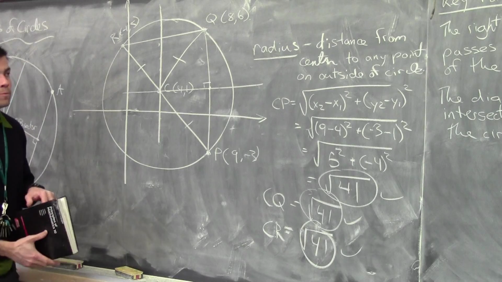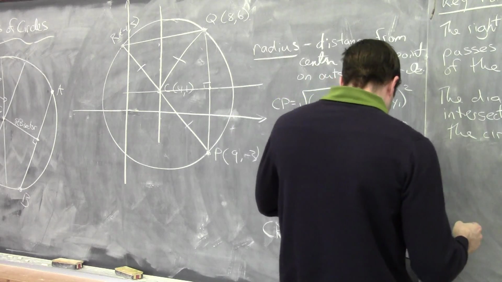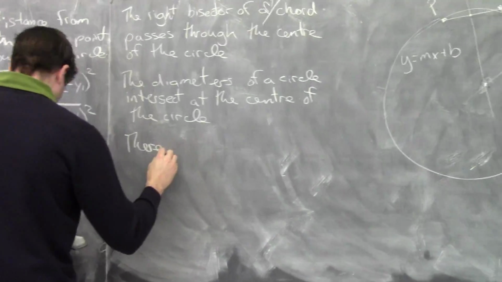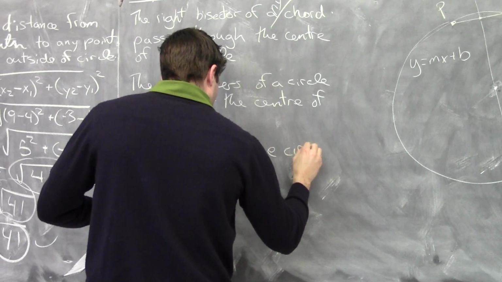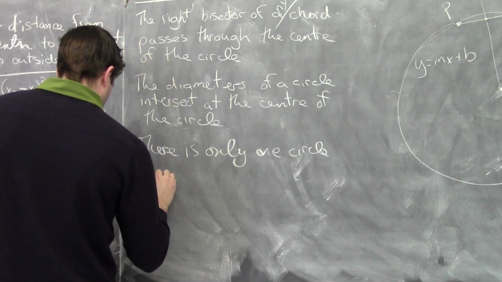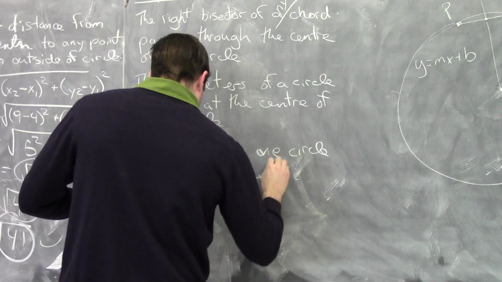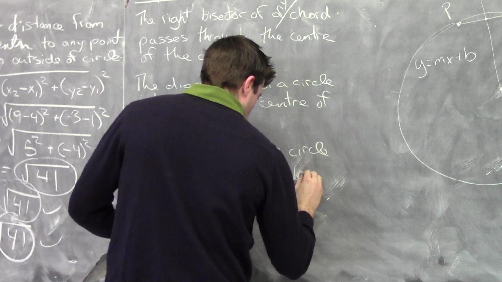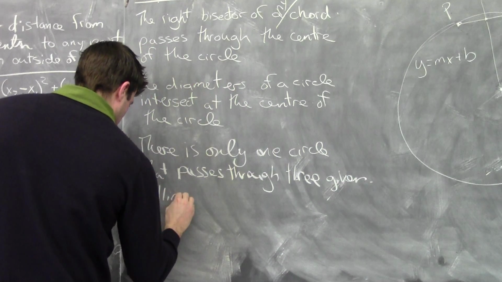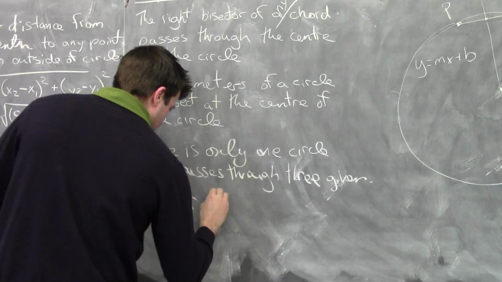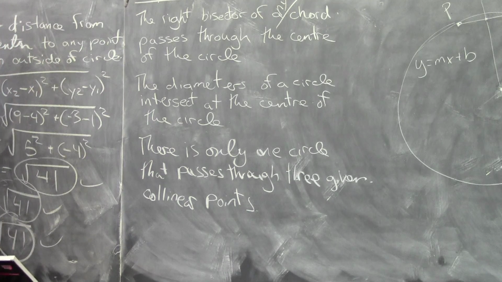All right, and that's the last key point: there is only one circle that passes through 3 given non-collinear points.